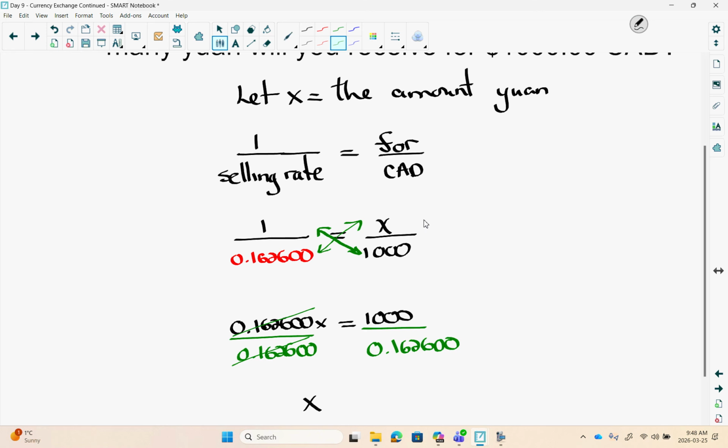And I'm left with 1,000 divided by 0.1626. And what does that give me? 6,150.06 Chinese yuan. Okay?